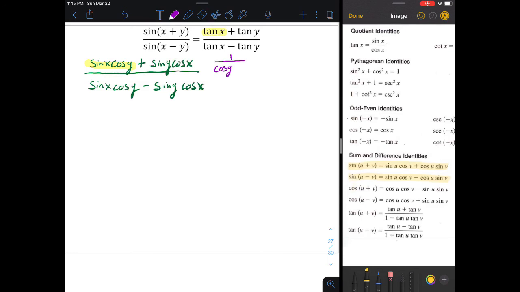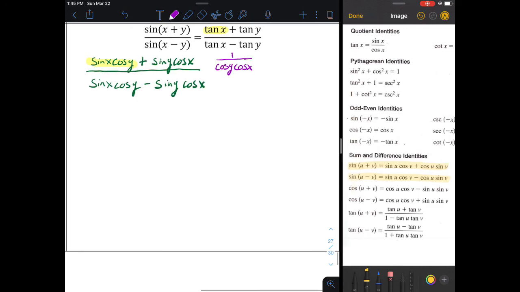But the sine of x needs to be divided by cosine x to create tangent. So I'm also going to do a cosine of x down there. So if I multiplied that one term I highlighted by 1 over cosine y cosine x, I'd make tangent of x. So I'm going to do that. Now, when I do that, I'm going to have to do it to everything in my problem, so the entire numerator and the denominator.